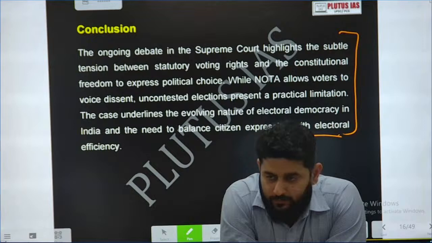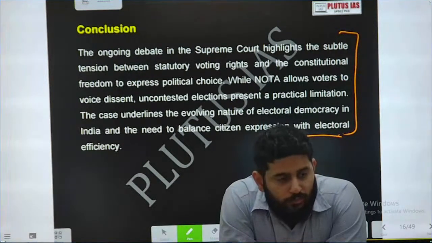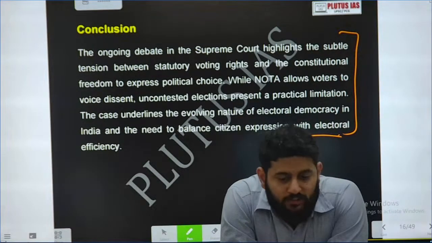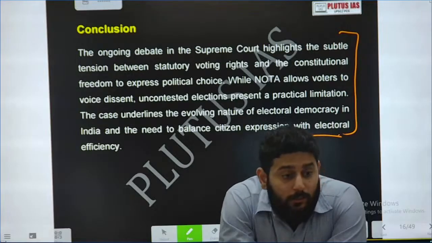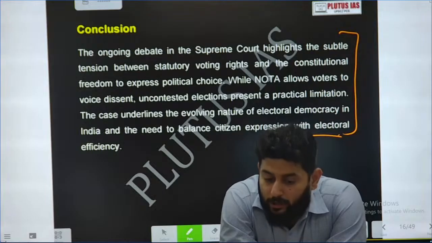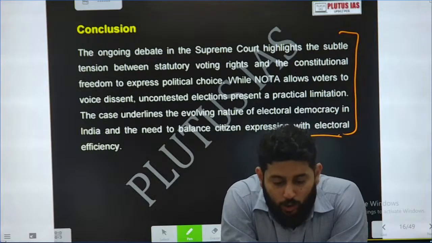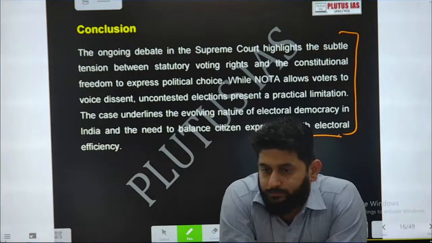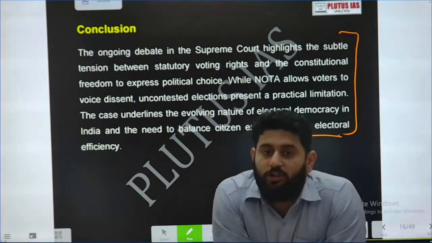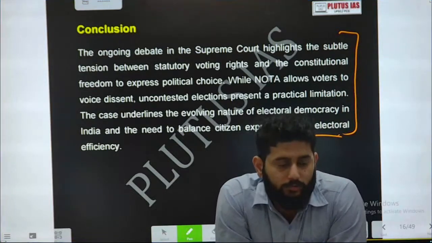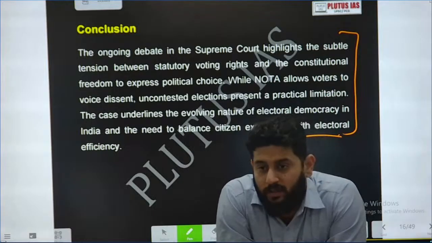Another is the role of Election Commission. What is the role of the Election Commission in this? Election Commission as a neutral arbiter balancing law and democracy. So this is the main theme, the different themes where UPSC asks questions, in prelims also, in mains also.